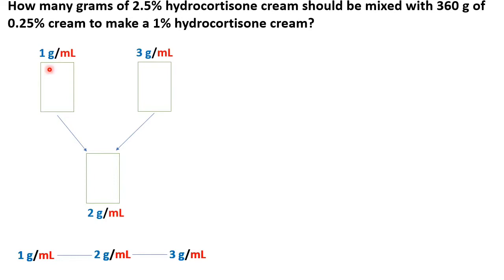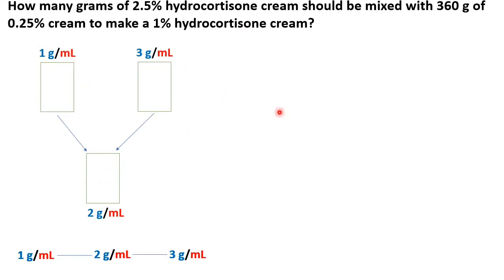We can mix 50 milliliters of this with 50 milliliters of this, or 100 milliliters with 100 milliliters. Or we can say it simply: we mix one part of this solution with one part of this solution. This is very easy because the density of the resultant solution is in the middle of the densities of the two solutions.